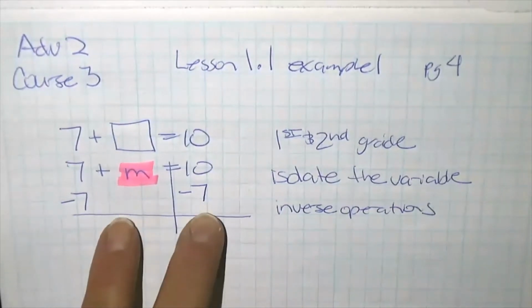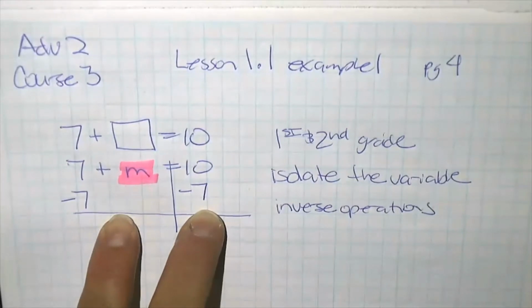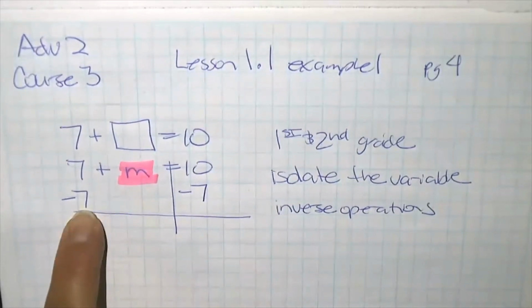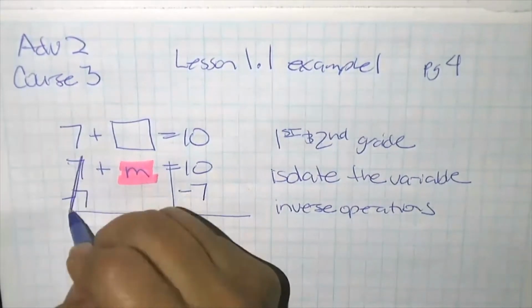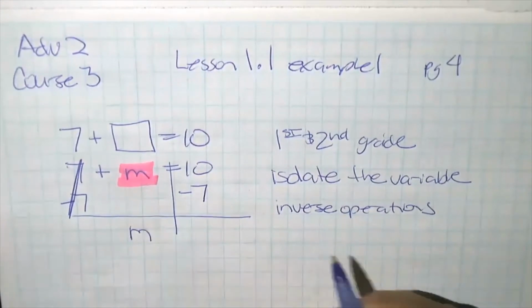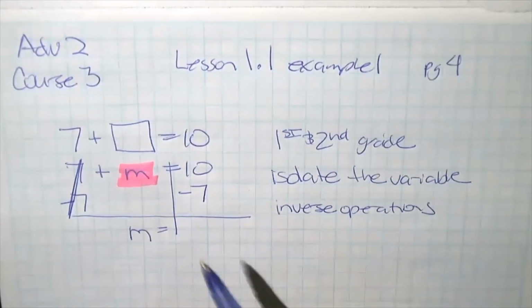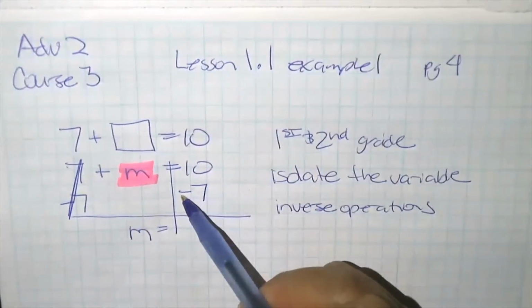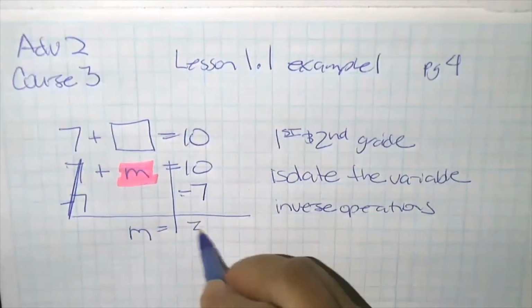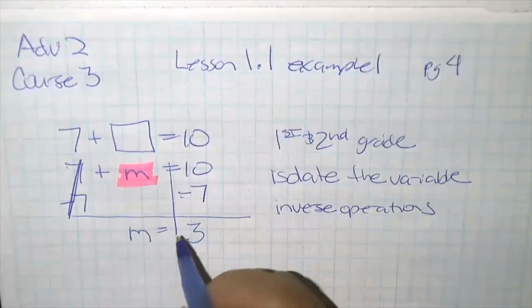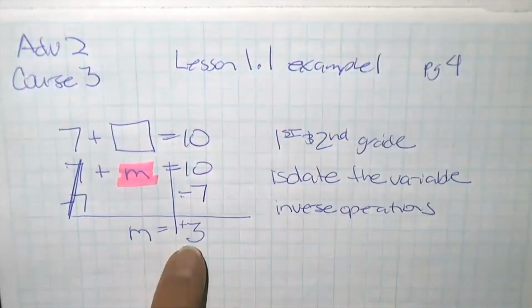We need to keep both sides equal. So these guys cancel, and I'm left with m equals, I have a positive and a negative, so I'm going to subtract. 10 minus 7 is 3. Keep the sign of the largest. M equals 3.